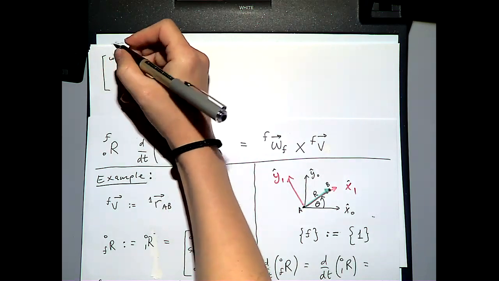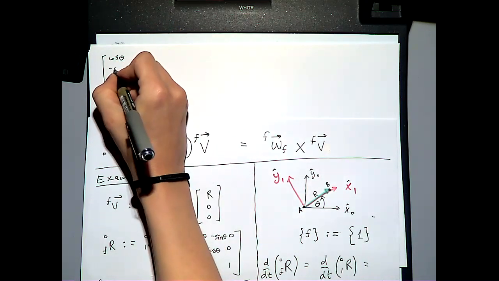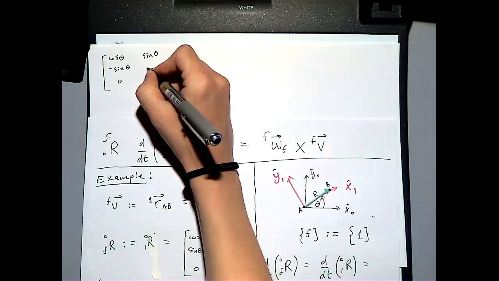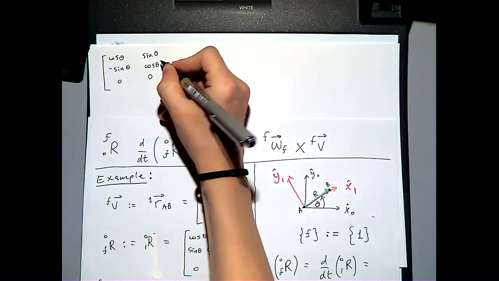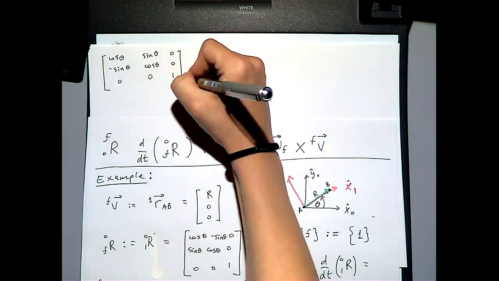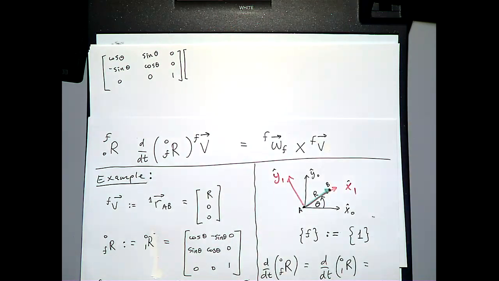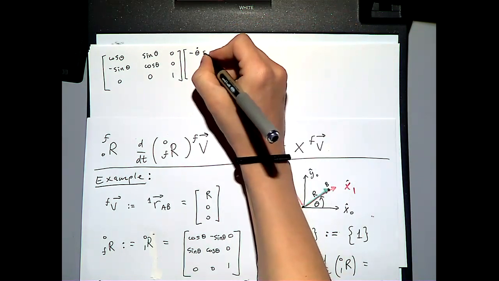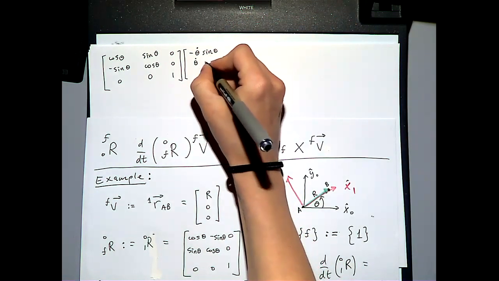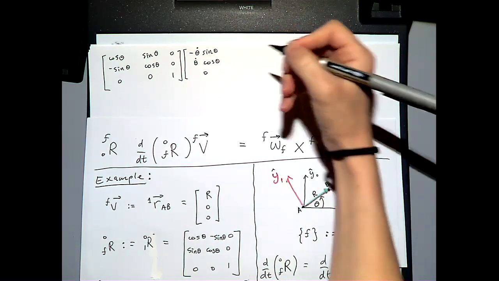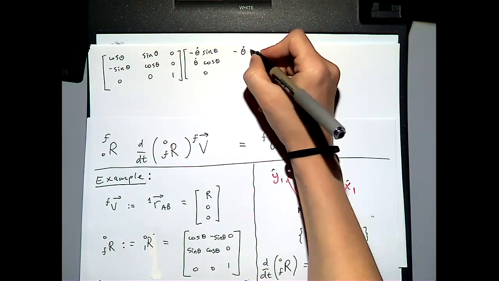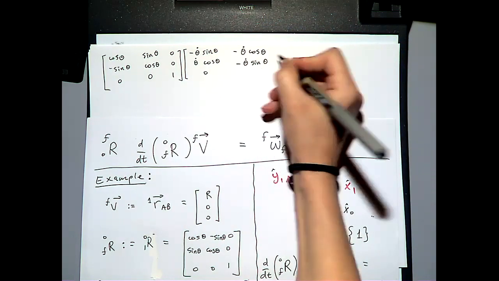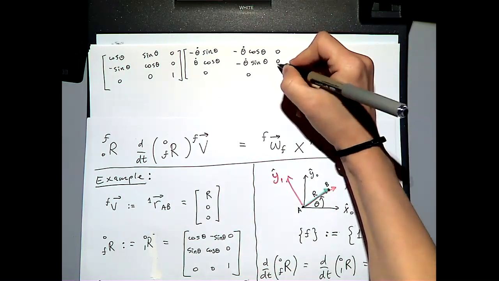So cosine theta, minus sine theta, 0, sine theta, cosine theta, 0, 0, 0, 1, times the derivative: minus theta dot sine theta, minus theta dot cosine theta, 0, theta dot cosine theta, minus theta dot sine theta, 0, 0, 0, 0.